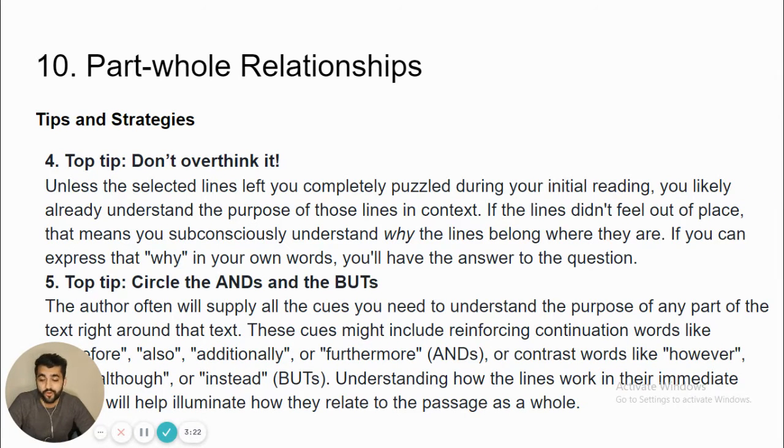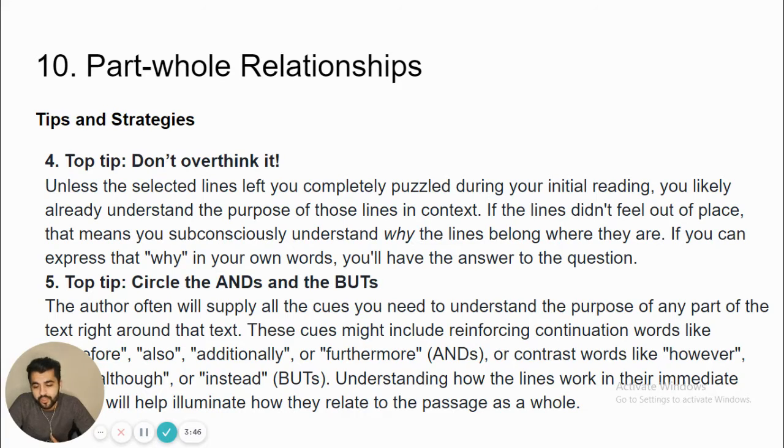Number four, don't overthink it. Unless selected lines leave you completely puzzled during your initial reading, you likely already understand the purpose of those lines in context. So if the lines didn't feel out of place, that means you subconsciously understand why the lines belong where they are. If you can express that why in your own words, you'll have the answer to the question.